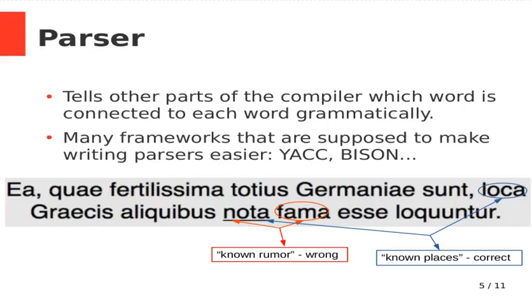But that's wrong. In fact, nota is connected to loca and it means noun places or noun locations, even though nota and loca aren't next to each other and nota and fama are.